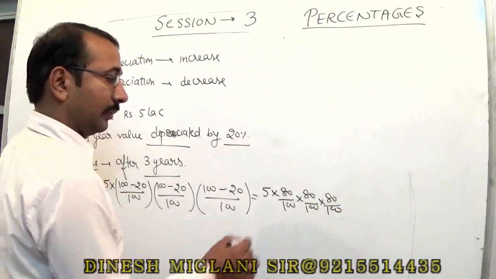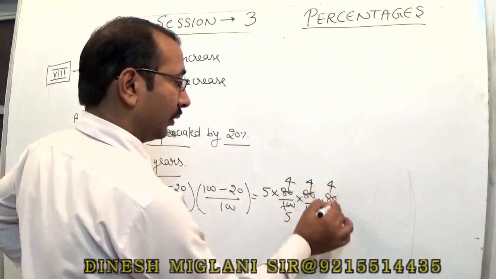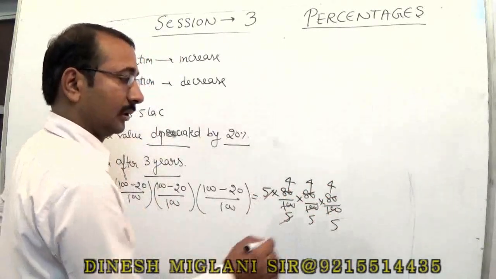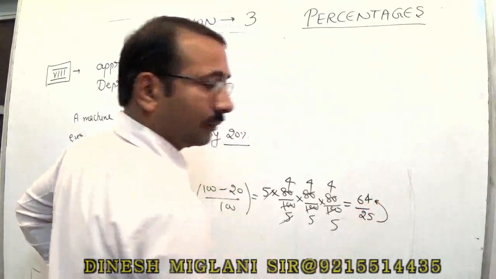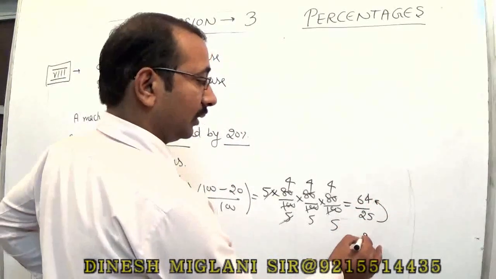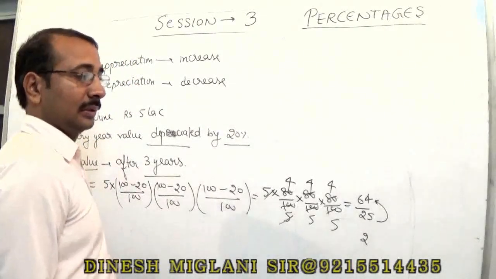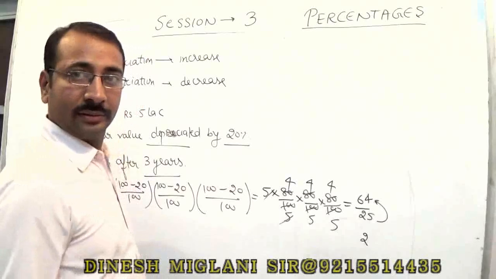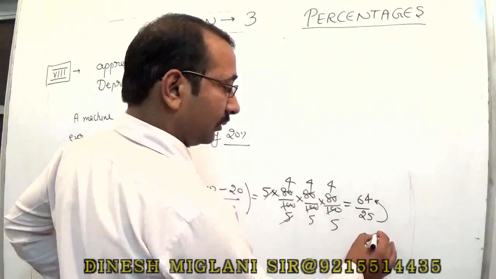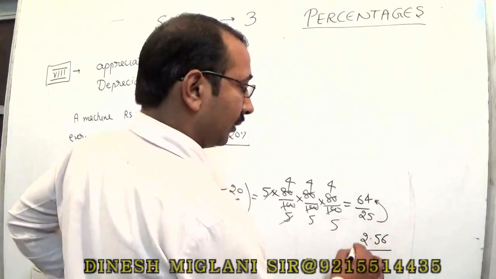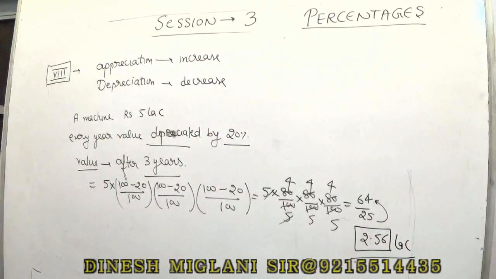After solving this, we can make it 4 by 5 three times, which cancels out, so it would be taken as 64 divided by 25. 25 goes 2 times, that is 50, then the remainder is 14. Then I take 140, 25 goes 5 times, 125, then 6. So the value of the machine would be 2.56 lakhs after 3 years.